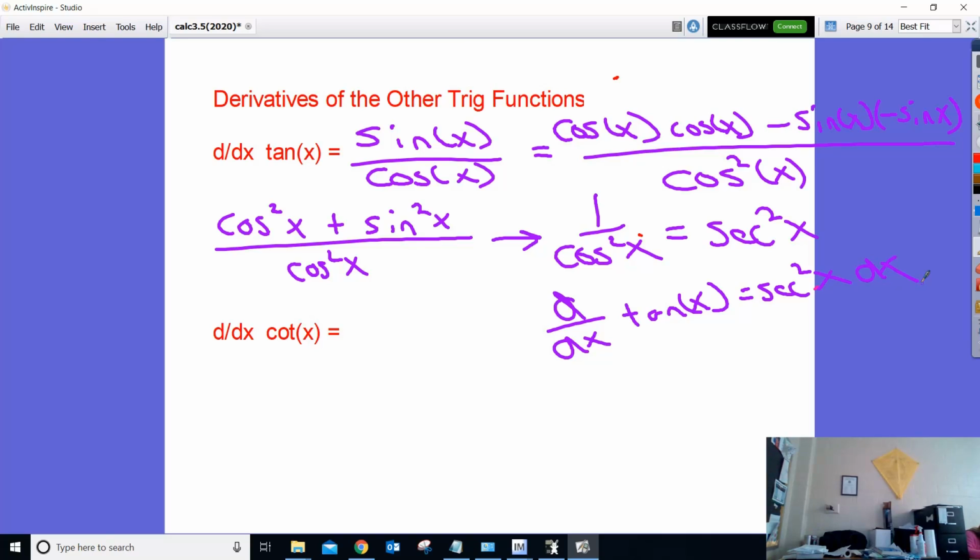So cotangent would be cosine over sine. Any issues with that? What rule are we going to get with it? Quotient. So we'll take sine of x, and we'll multiply it by the derivative of cosine, meaning negative sine.